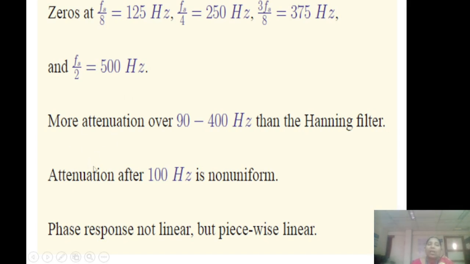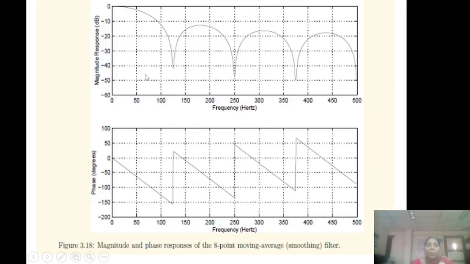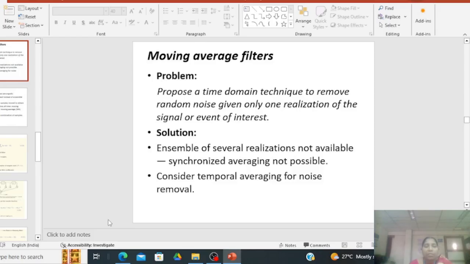The attenuation after 100 Hz is non-uniform, and the phase is not linear but piecewise linear. So the magnitude and phase response of an 8-point moving average filter looks like this in magnitude, and in the phase response you get this. Thank you.